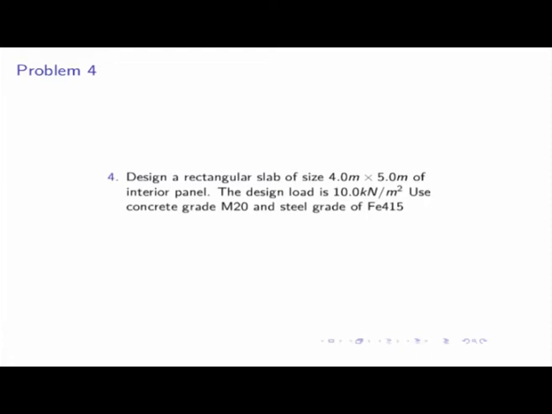Once more, please allow me to go to IS 456 so that it will be clear what I mean. I am going to the slab. Slabs in two directions: there is a one-way slab and another called a two-way slab.